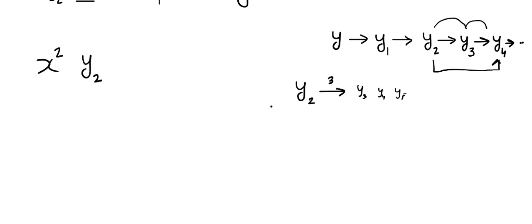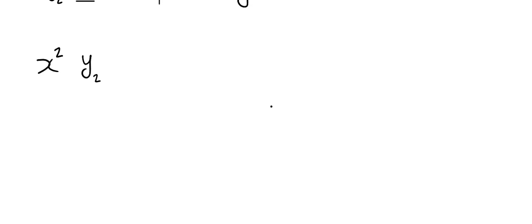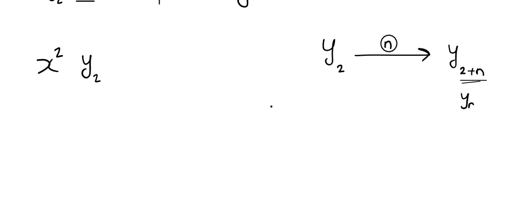Oh, that was very easy. All you have to do is you write y2 plus 3. Now I'll come to my point. If you differentiate y2 n number of times, you're going to get y2 plus n. 2 plus n is the same as n plus 2 and it looks better.